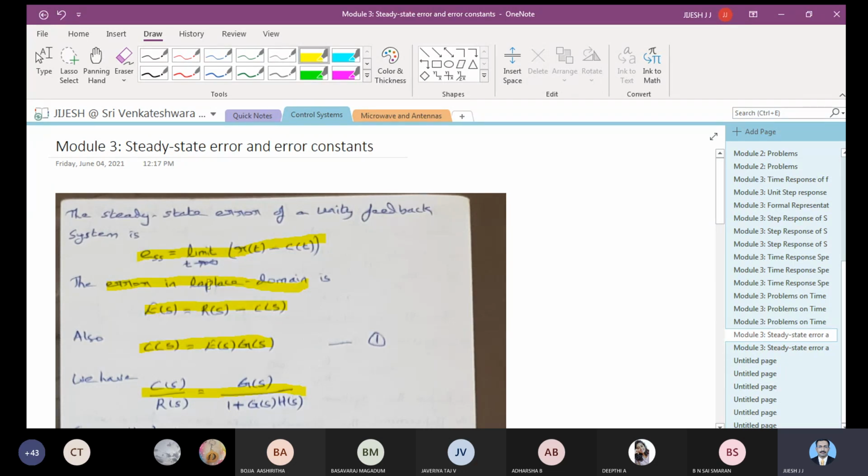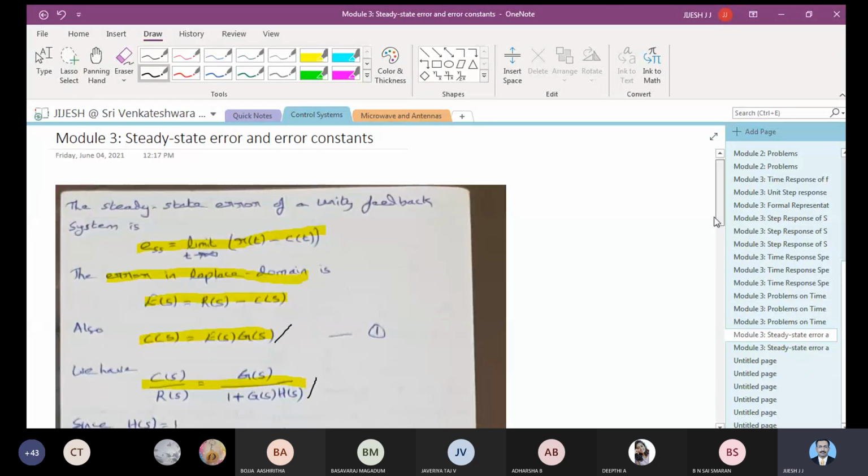It's already discussed before that C of s is E of s into G of s, and the transfer function C of s by R of s is equal to G of s divided by 1 plus G of s H of s.